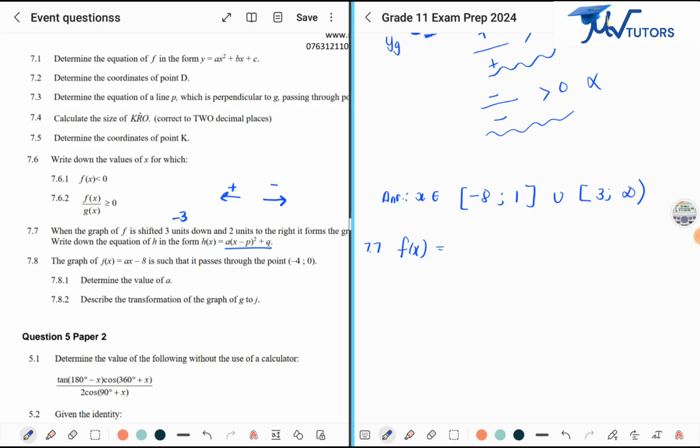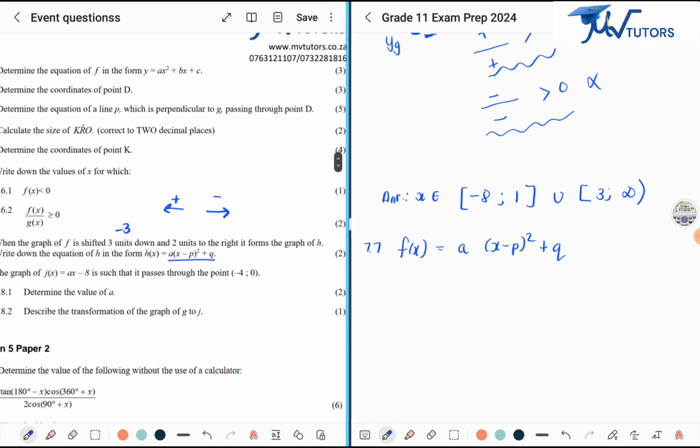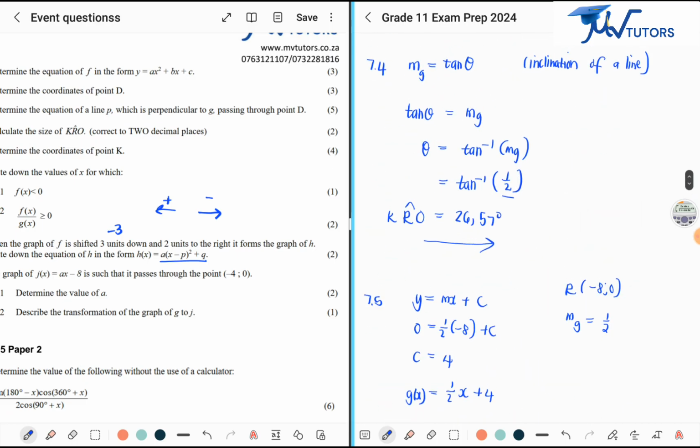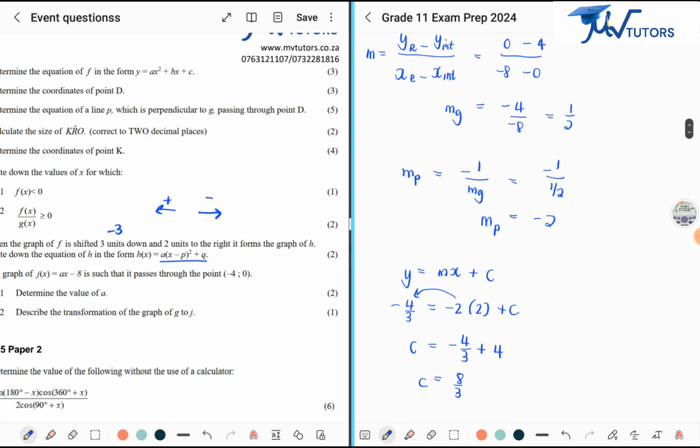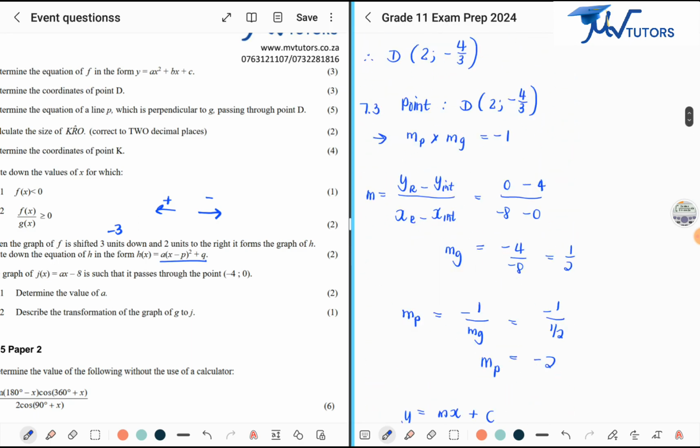So you're probably going to have to complete the square at this point, but let's see. We have the value of a. If we have a, x minus p squared, maybe we don't have to complete the square, I hope. How many marks is this? It's 2 marks. No, I don't think we have to complete the square. So we have the value of a that we calculated, right? It was 4 over 3.